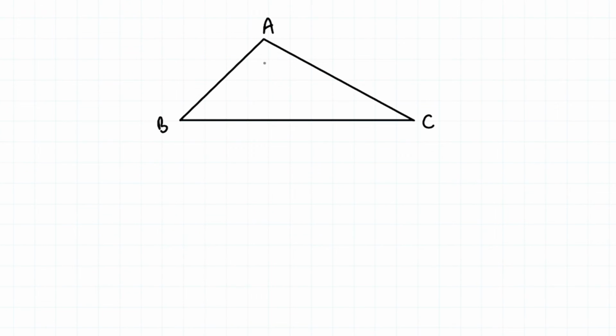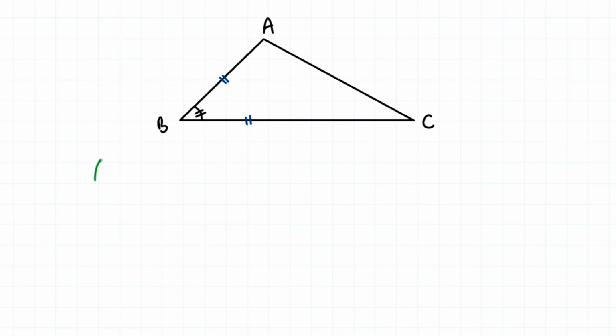So if you have a triangle like this, ABC, and let's say one of the angles of this triangle is given, let's say this angle B is given in the question, and the two sides which make up this angle are also given. In this case, it's going to be this AB and BC, right? So this angle B is given, and the sides that make up that angle, which are our AB and BC, are given.